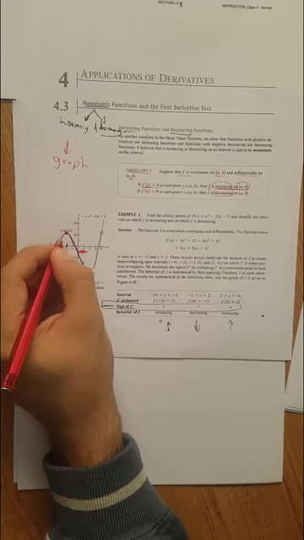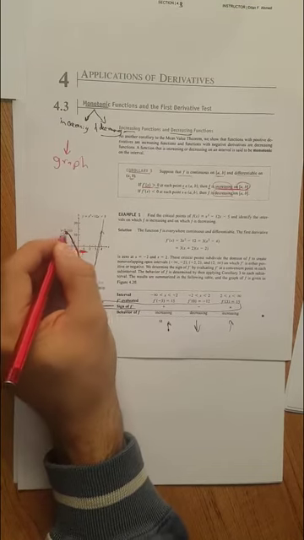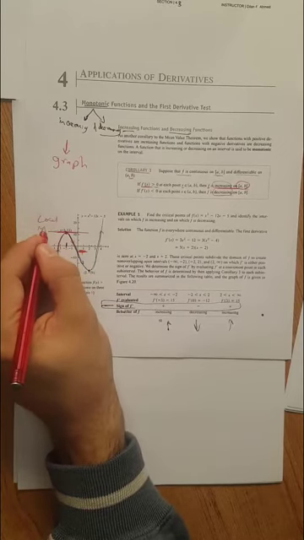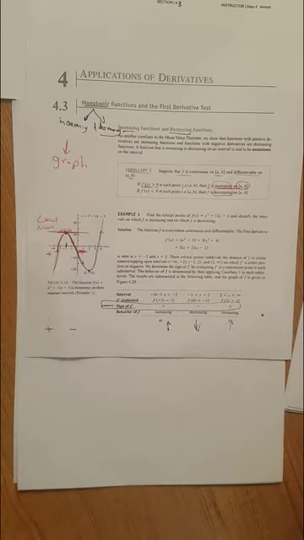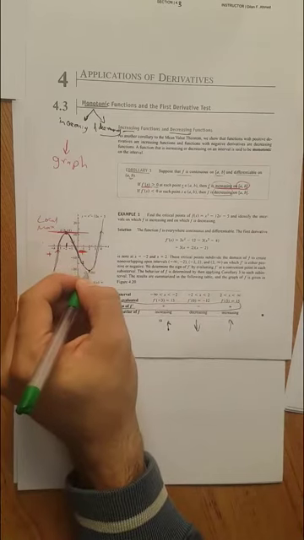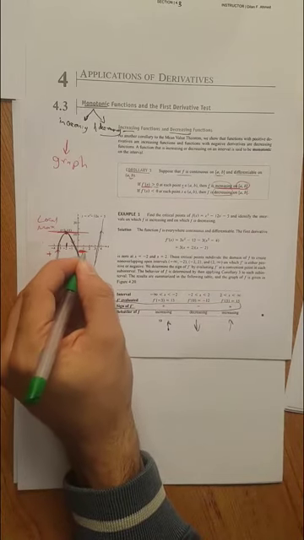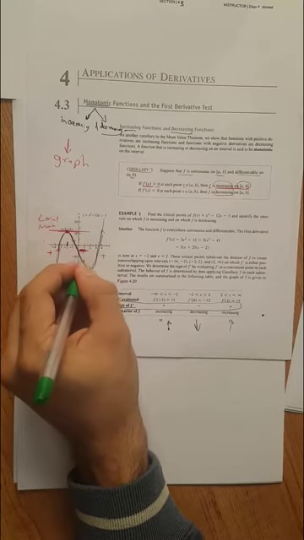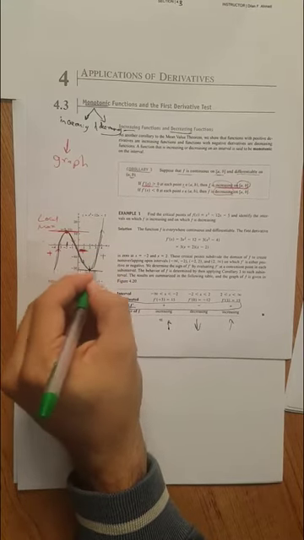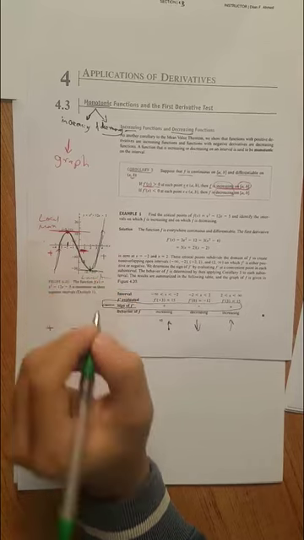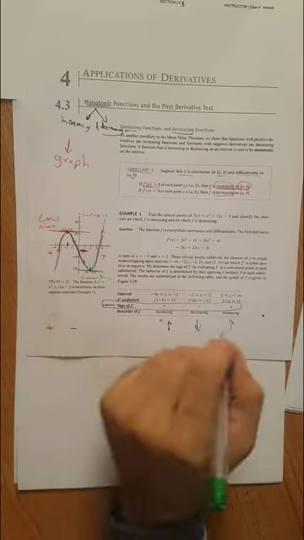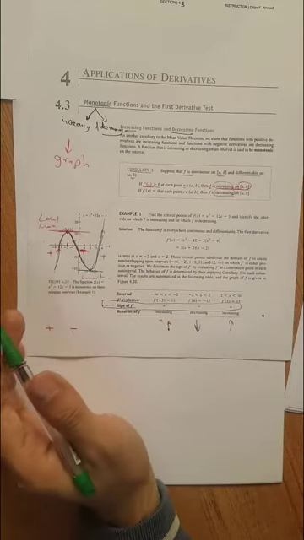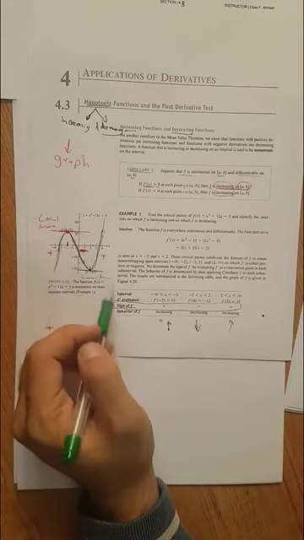So if we have increase, then decrease, positive, negative, it means we have a local max. And he said that if the sign changes from negative to positive, it means we have a local minimum. And also if there is no change, it means no local extrema, no max, no min.